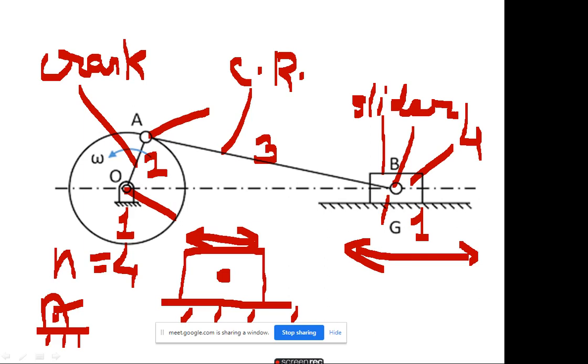Even though I had not taught it, I thought you would ask me that doubt, but no problem. This is considered as the slider. You have to remember this symbol. Whenever this symbol is given, it is considered as a slider.